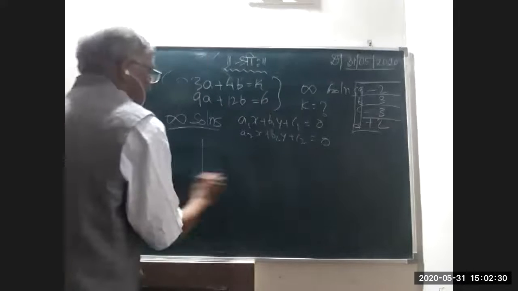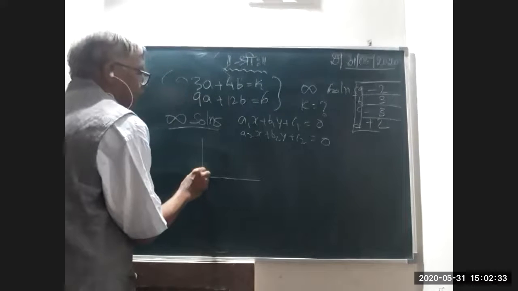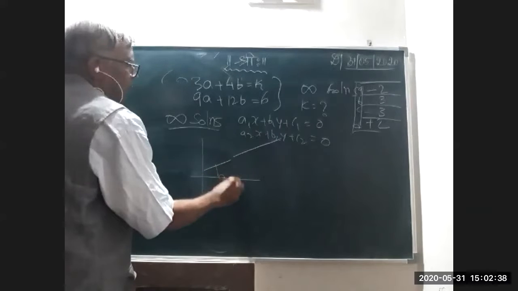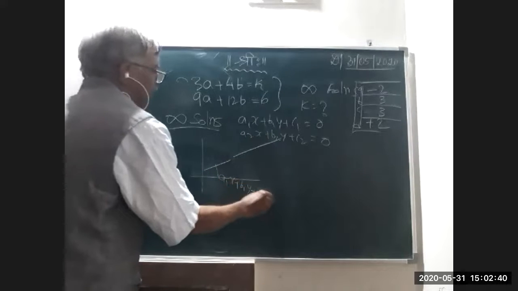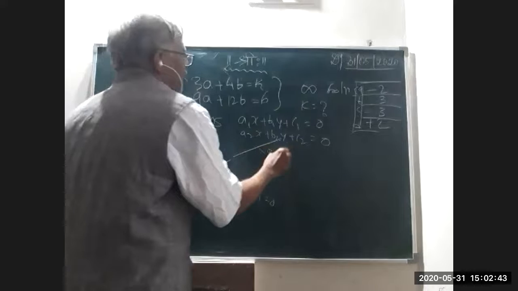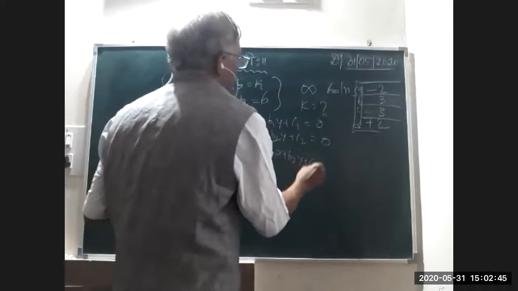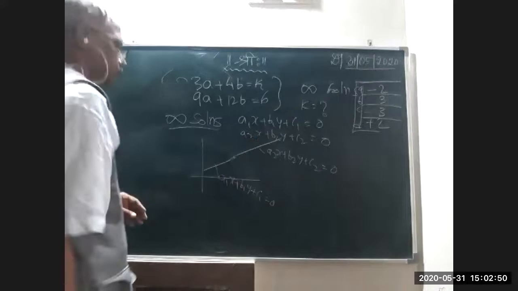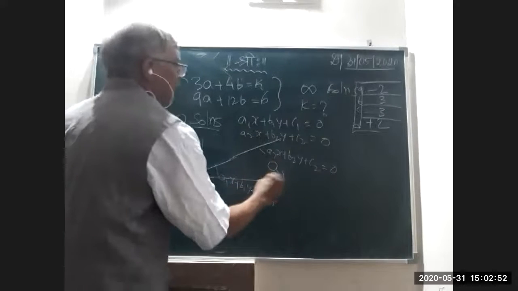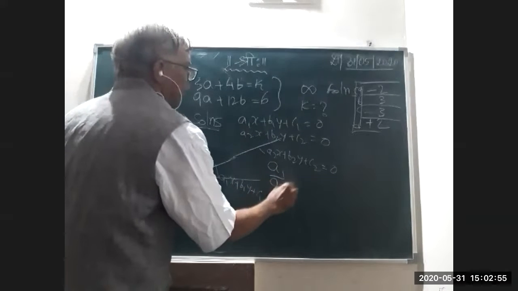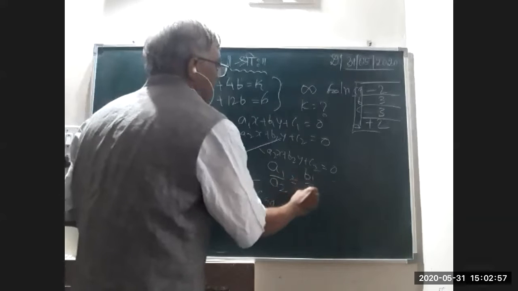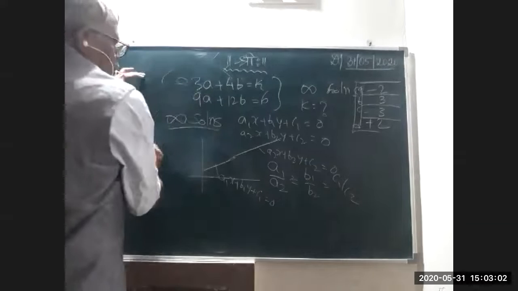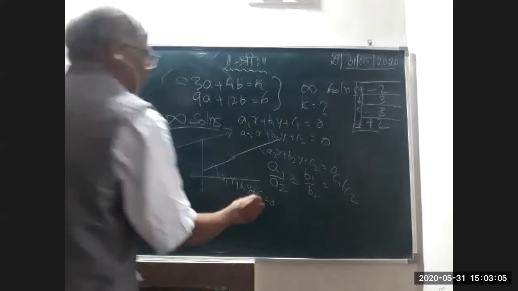If it is infinite solutions, naturally they both lie on the same line. Therefore, the ratio we found there is a1 by a2 is equal to b1 by b2 is equal to c1 by c2.